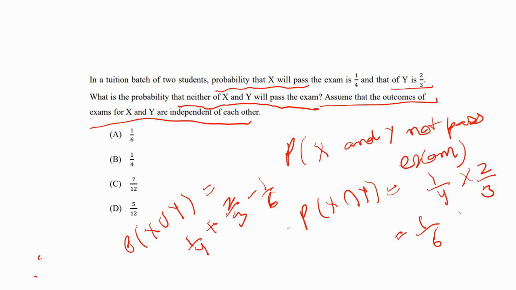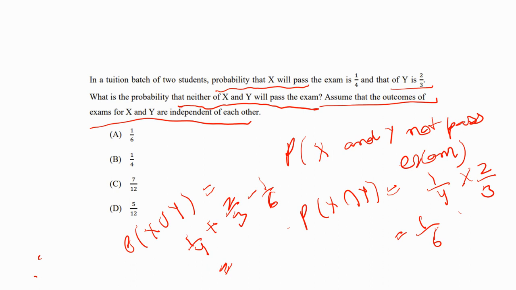The probability is one minus the probability of X union Y. Can somebody calculate this, 1 upon 4 plus 2 upon 3 minus 1 upon 6?